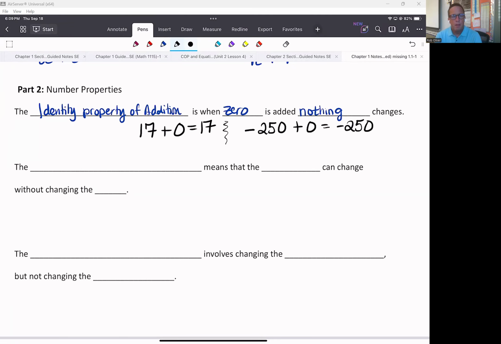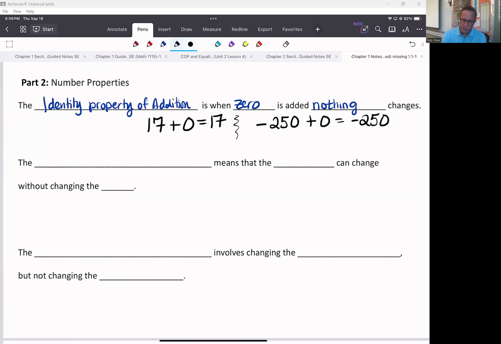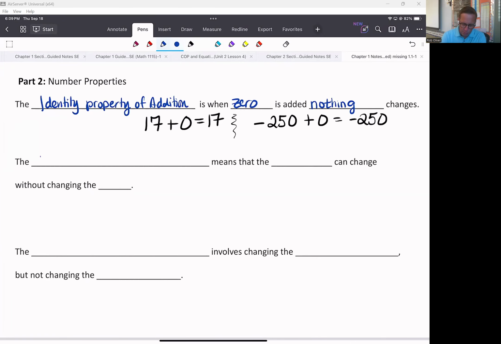All right, the next property is called the commutative property. The commutative property is kind of an unsung, often forgotten number property, because I find it pretty useful, and we don't necessarily refer to it as the commutative property a lot.